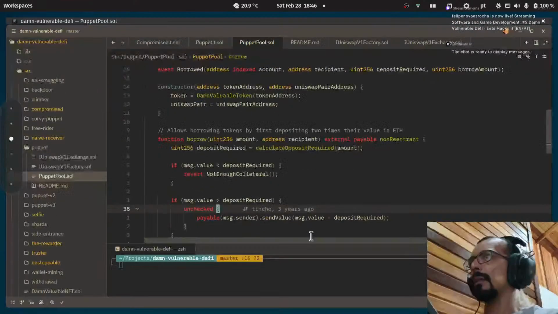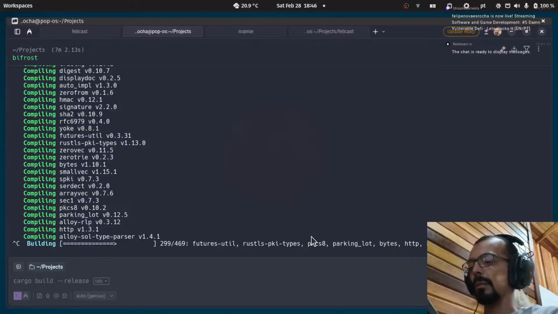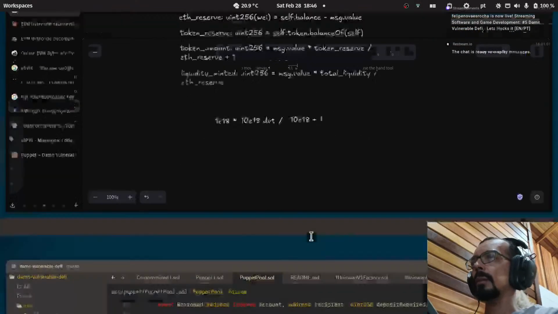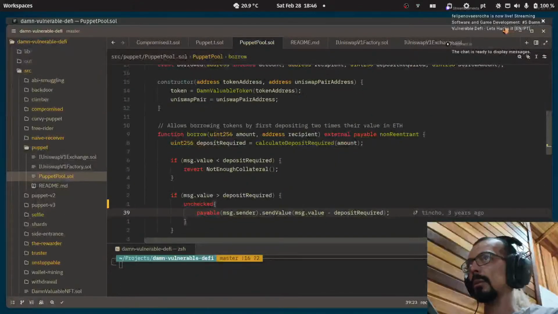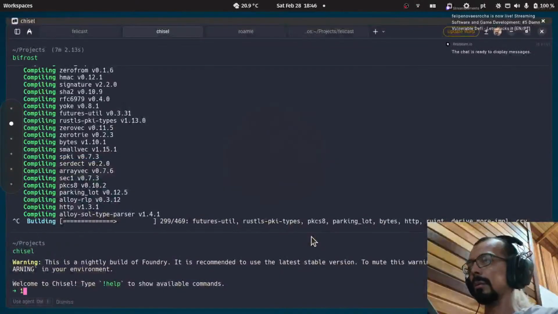We can check that in chisel, right? So we can go like, 1, 10 divided by 10. Maybe I need to create variables.